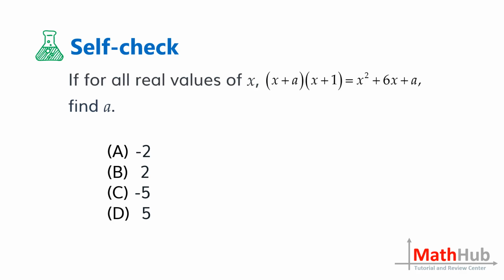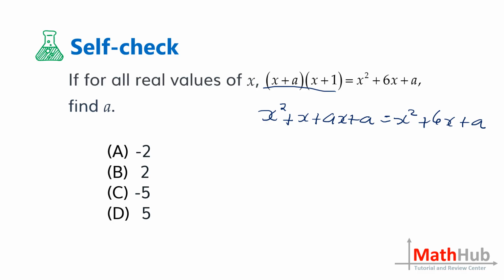Next, if for all real values of x, (x plus 1) times (x plus a) is equal to x squared plus 6x plus a, find a. If we look at the left-hand side, when we expand, what will we get? We have x squared plus x plus ax plus a equals x squared, the right-hand side, 6x plus a.